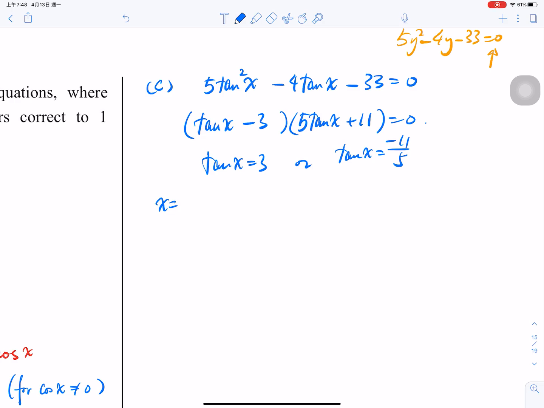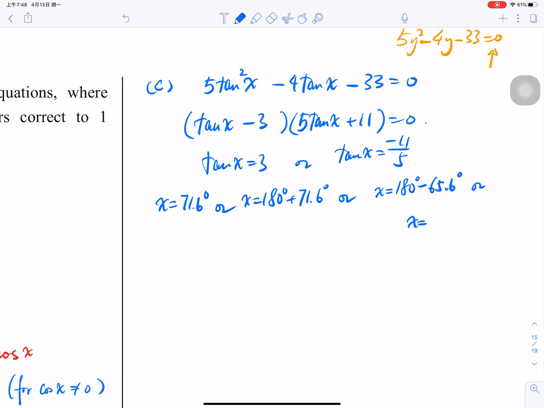That's good. So what is x? When tangent x equals 3, 71.6 degrees or quadrant 3, 180 plus 71.6 degrees. How about the other part? Negative 11 over 5. Have a look. This one is in quadrant 2 and 4. Reference angle? Yeah, good. 65.6 degrees.